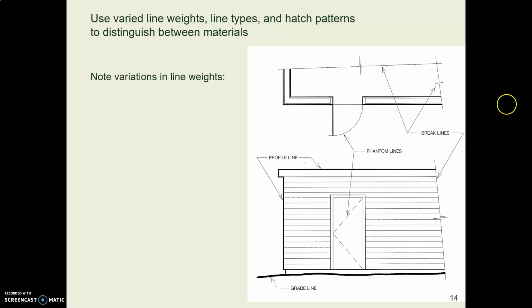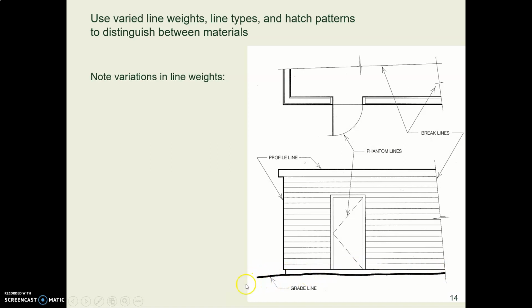Here is the grade line I wanted to show you. So here's a plan view of some building and an elevation view of some building, and notice how there are a number of different line thicknesses or line weights in this drawing, and how that communicates fairly clearly. And notice this line down at the very bottom, that irregular line, that says grade line, that represents the soil, the earth.